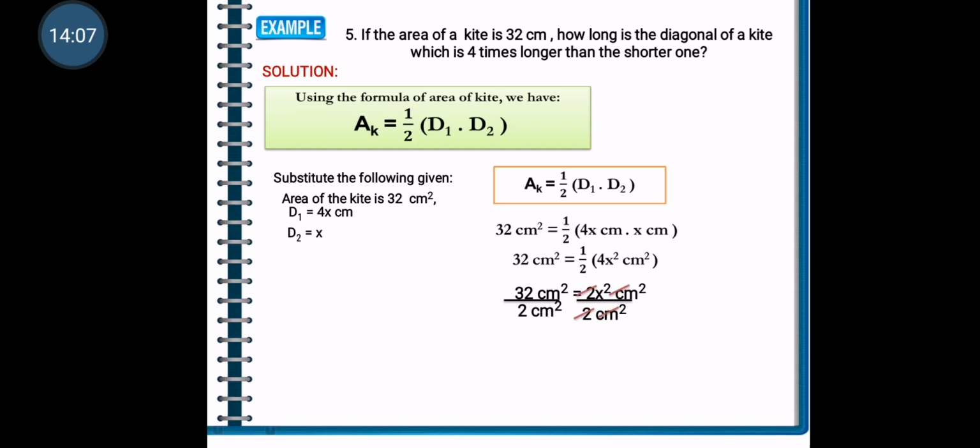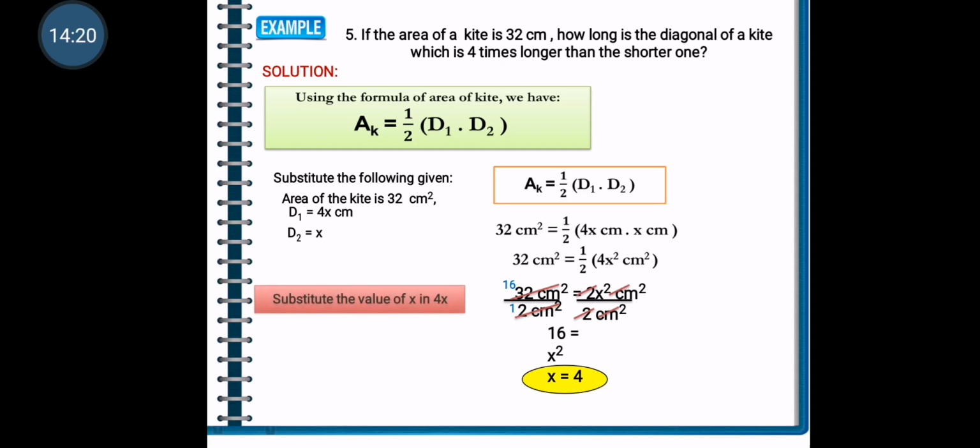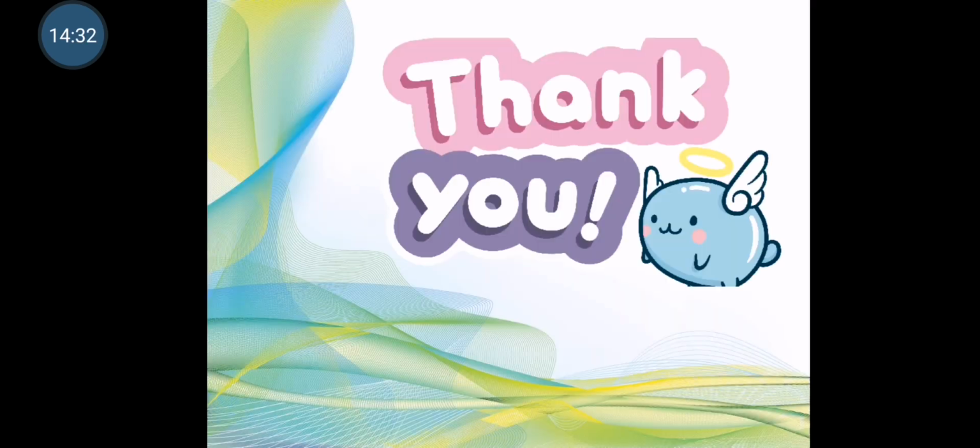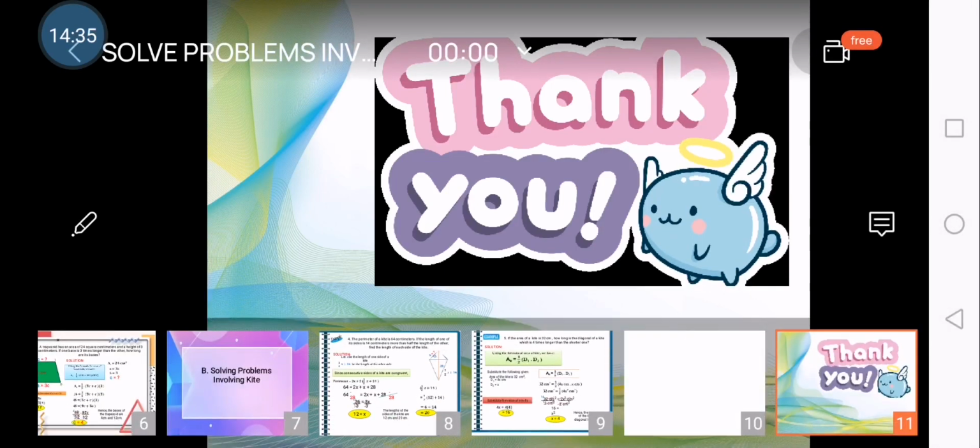So, cancel or eliminate. So, matitira po is x square is equal to 16. So, the square root of 16 po is 4. So, therefore, ang isang diameter is 4. Since 4 na beses daw siyang mas mahaba, substitute natin 4 times 4. Kaya ang diameter number 1 is 16 centimeters. Okay? Thank you so much and God bless.